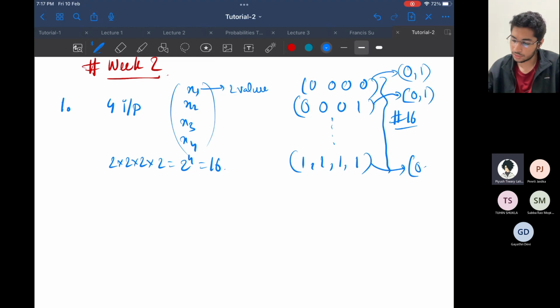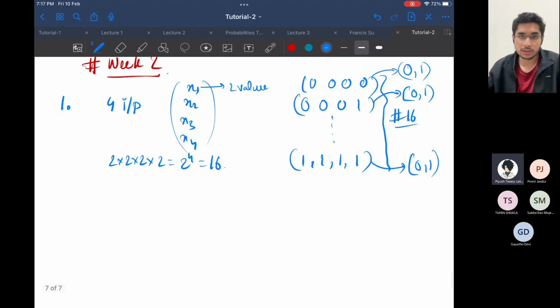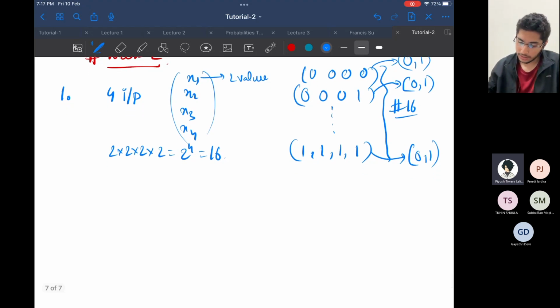Similarly, this can be assigned 0 or 1. So if I have to create a function, I only have two options for each of these inputs. For any input, I can either make the output 0 or make the output 1. So there are only two possible ways. Then what is the total number of functions that I can make?